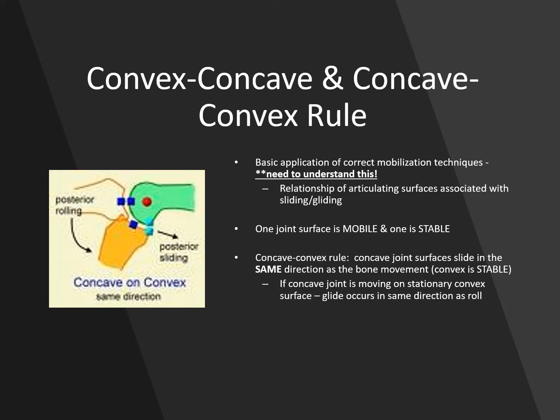Now we'll understand in which direction sliding is happening. We are talking about the convex-concave rule, where convex is moving. When a convex surface moves over concave, the slide happens in the opposite direction to that of rolling. Okay. In abduction, rolling was in the superior direction, so sliding happens in the inferior direction.